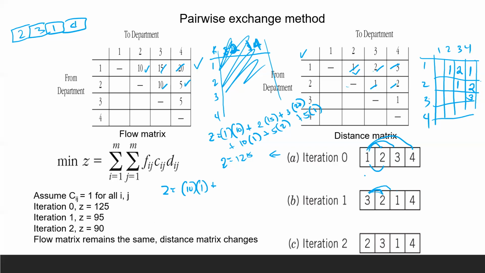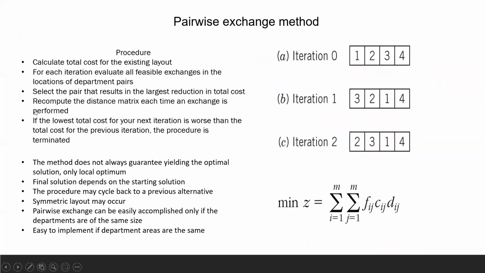Diba? So masyadong komplikado itong pairwise exchange method. Tama? And actually, yun yung caveat dito. The method does not always guarantee yielding the optimal solution, only local optimum. And then final solution depends on your starting solution. And it can be easily accomplished if they are of the same size.